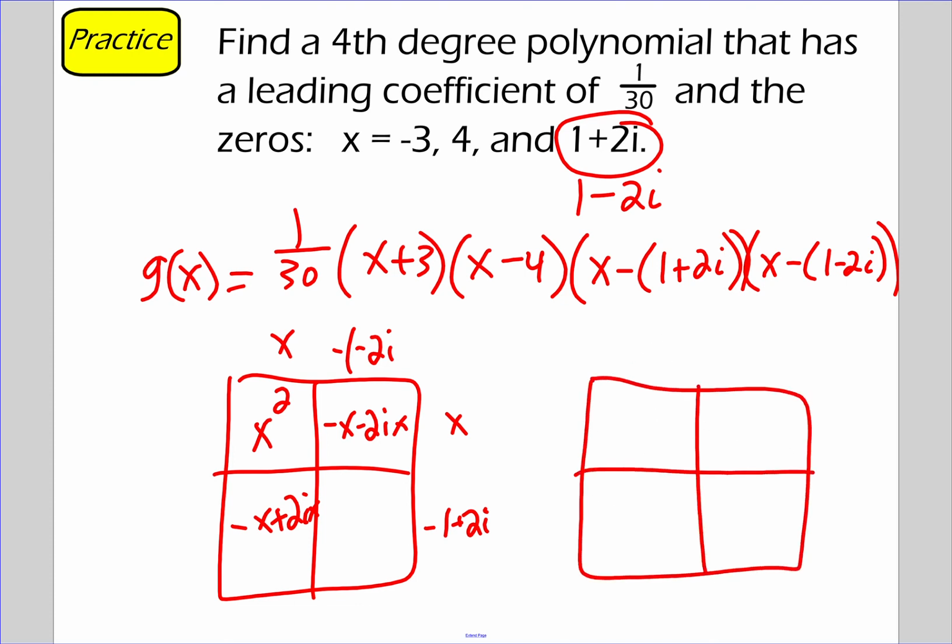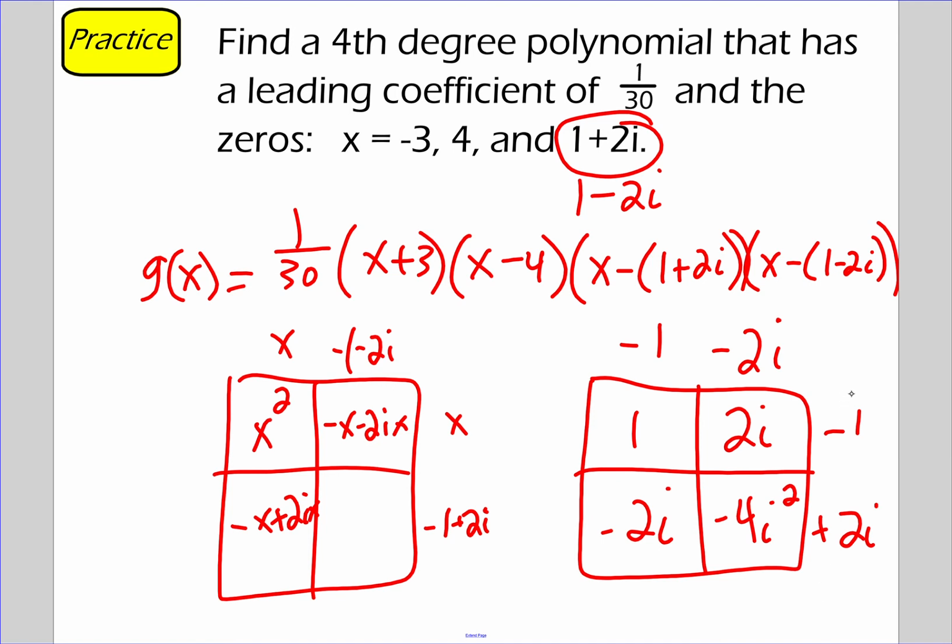Well, let's go ahead and see what this is. We got negative 1 minus 2i, and then negative 1 plus 2i. Okay, negative 1 times negative 1 is 1. Here we've got 2i. Here we've got negative 2i. And then we have negative 4i squared. Okay, so we have some complex numbers to deal with here. Right? We know that i squared equals negative 1.